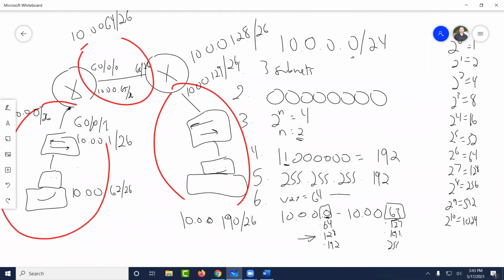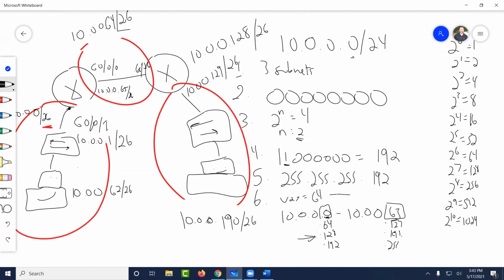So what if we could subnet a different way? What if instead of having to use the exact same mask on every single one of our networks? In other words, all of these are /26s. What if we could vary that mask to meet the requirements of the number of hosts that are on a particular network?